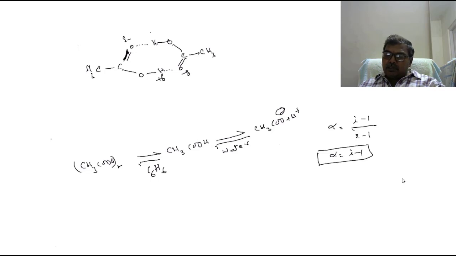Due to this, acetic acid exists as a dimer. Okay, right.